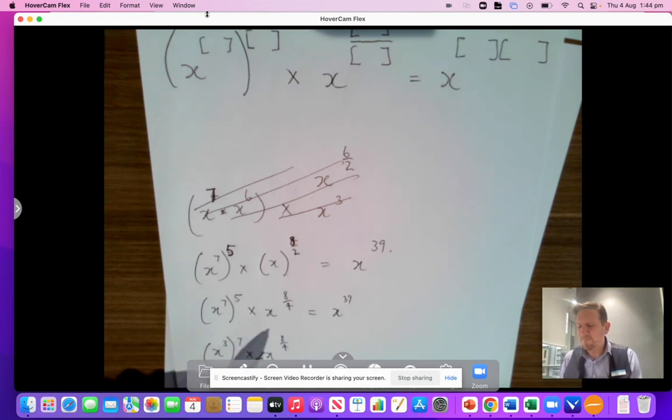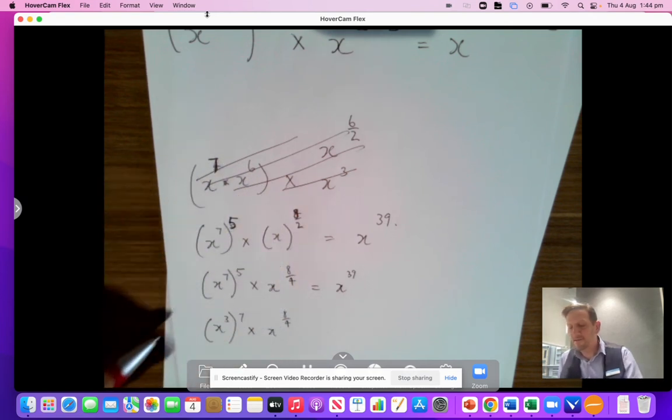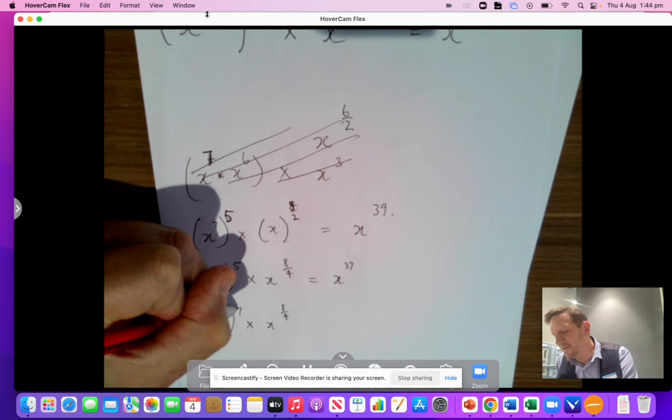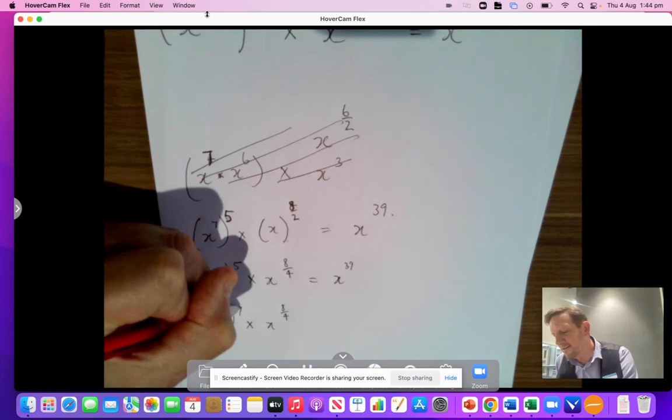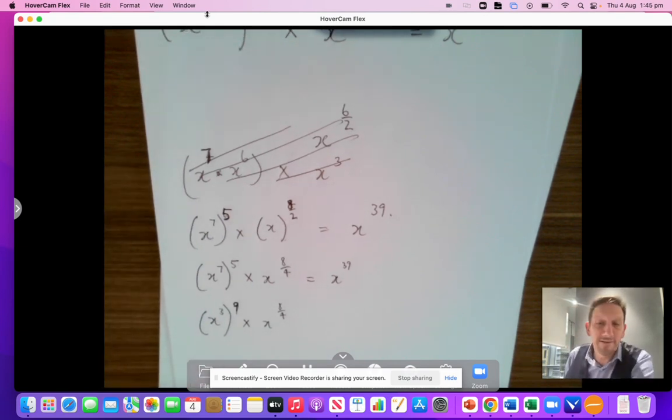This is 21. x to the power of 21 times x to the power of 2 is x to the power of 23. It's a bit harder than I thought, isn't it? Maybe let's make this a 9. And 9 doesn't work either.